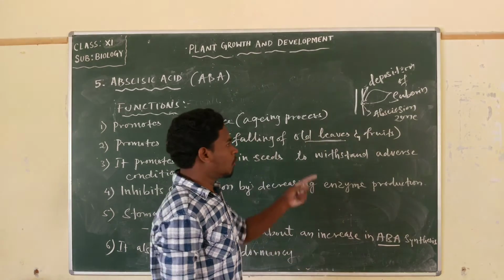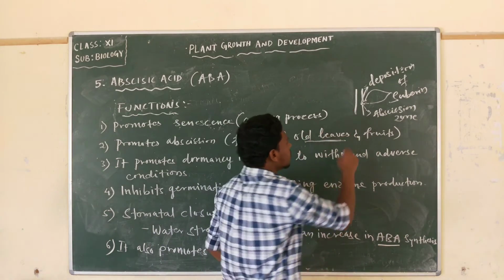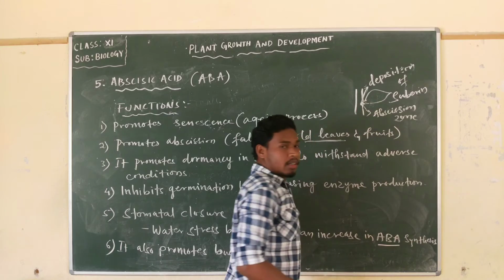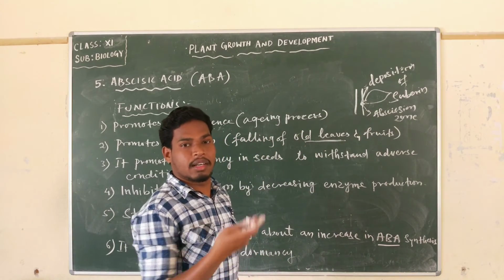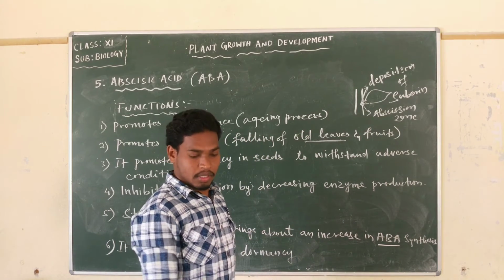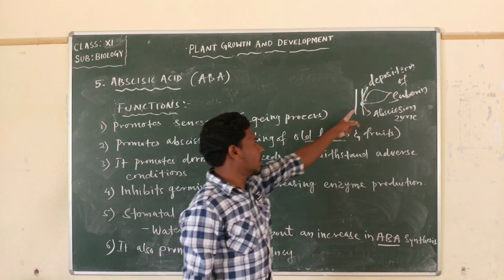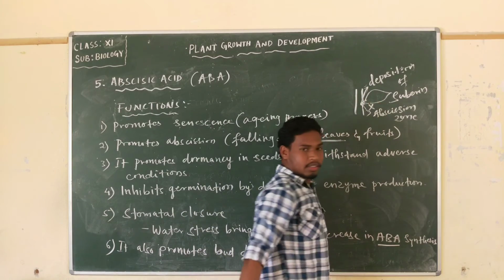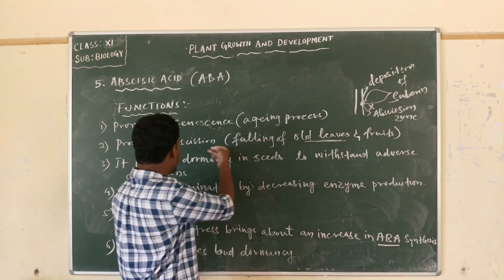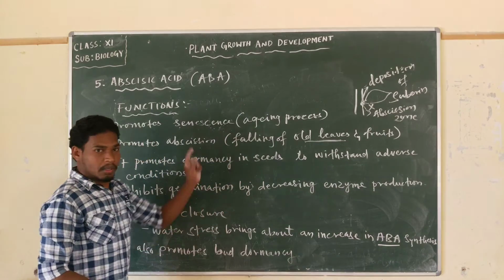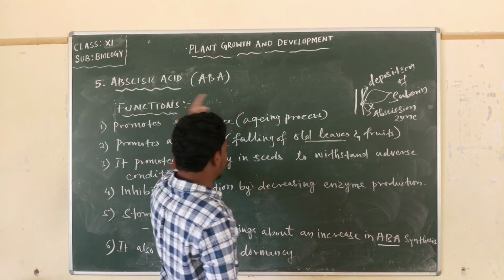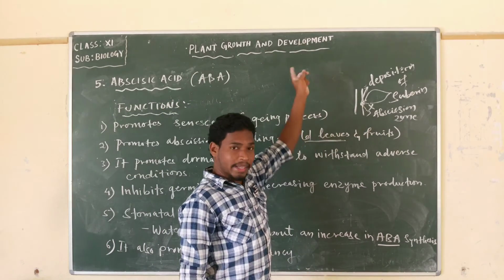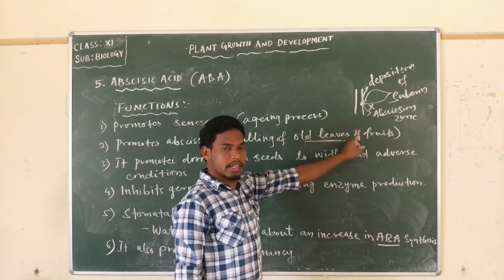What does this suberin do? It will not let air go inside the leaf, and water and minerals go inside the leaf. Finally, this leaf has to fall off. So that process is abscission. So make a correction: it is not taking place in the case of ethylene, it is taking place in the case of abscisic acid.